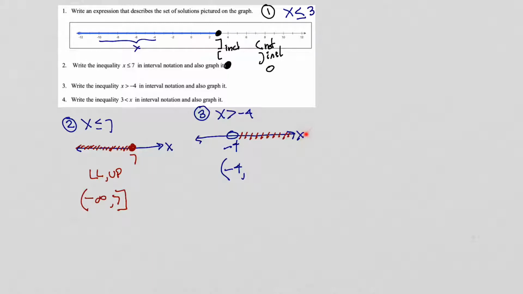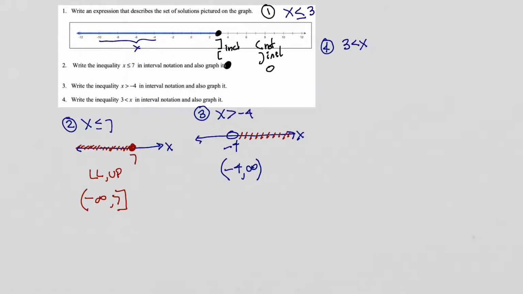It just keeps going to the right. There is no upper limit. It goes off to infinity. So I'll draw an infinity sign here, just to represent that it keeps on going, and infinities always have parentheses around them. Infinities are never included. So here are our three forms: the inequality form, the graph form, and the interval form.